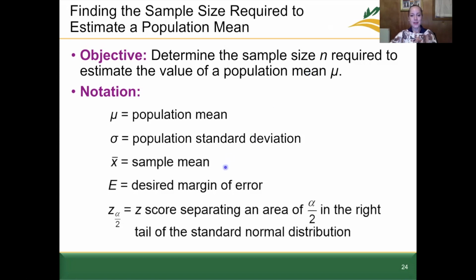Now we're again working with z subscript alpha over 2, which is our z-score separating an area of alpha over 2 in the right tail of the standard normal distribution. Now remember, this is different than t subscript alpha over 2, because t subscript alpha over 2 was for t distributions and z subscript alpha over 2 is for standard normal distributions.